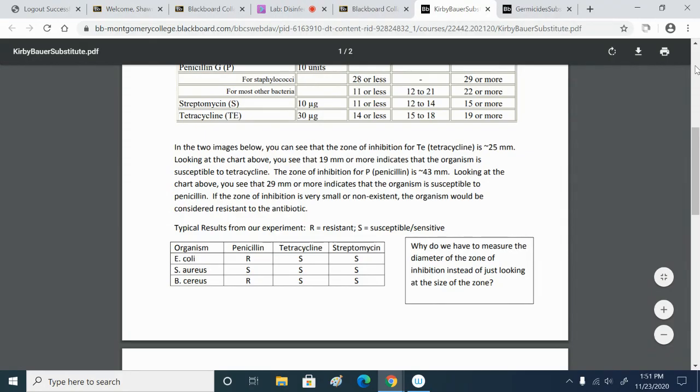Have you guys forgotten already? What's the target for penicillin?